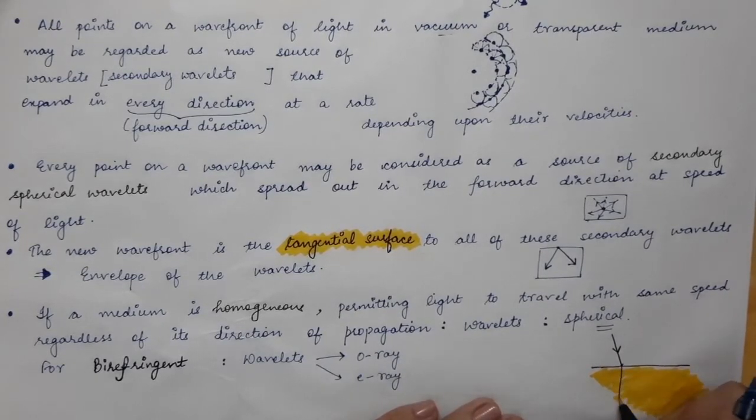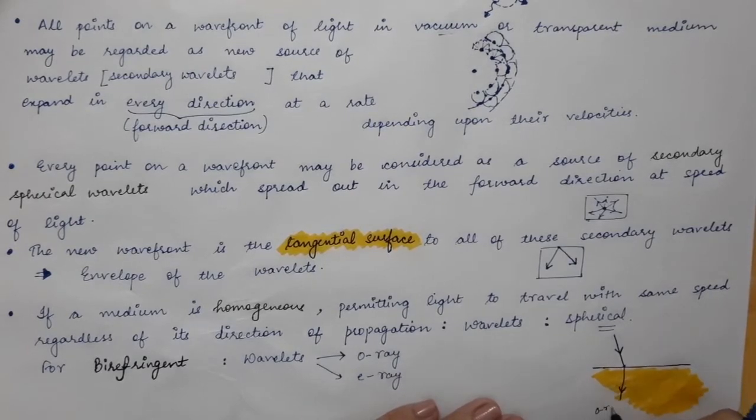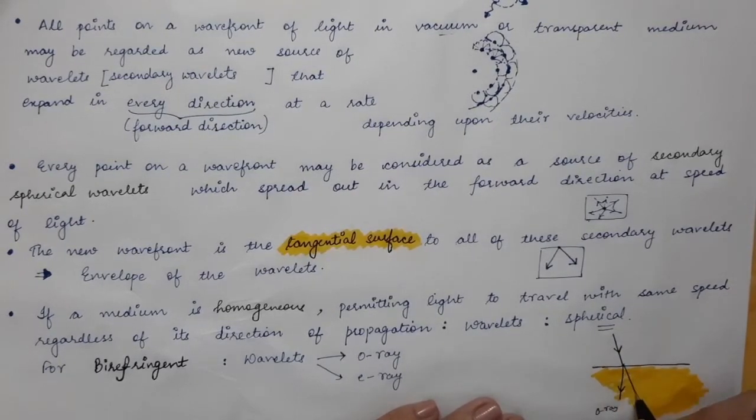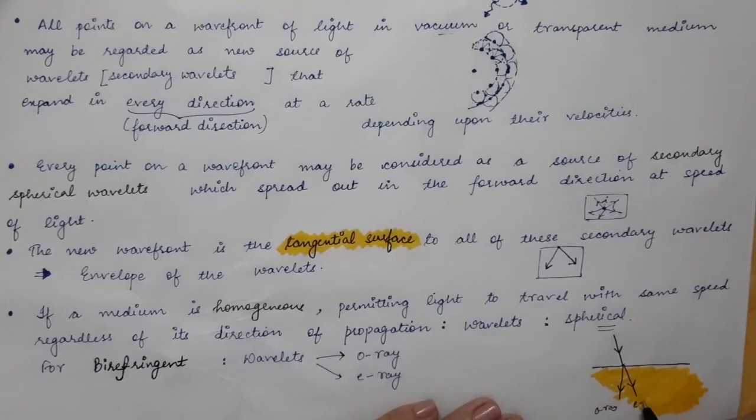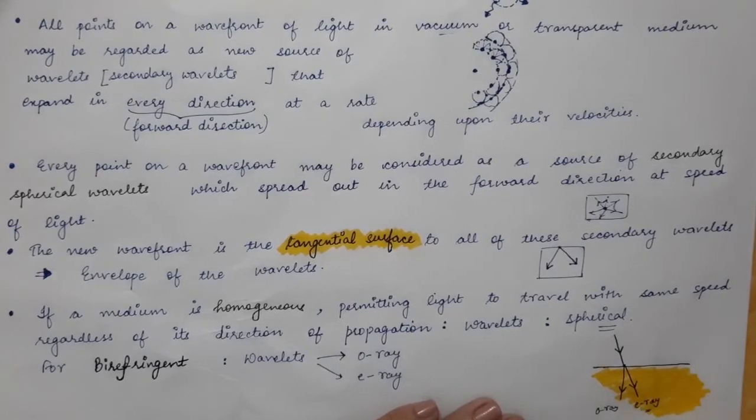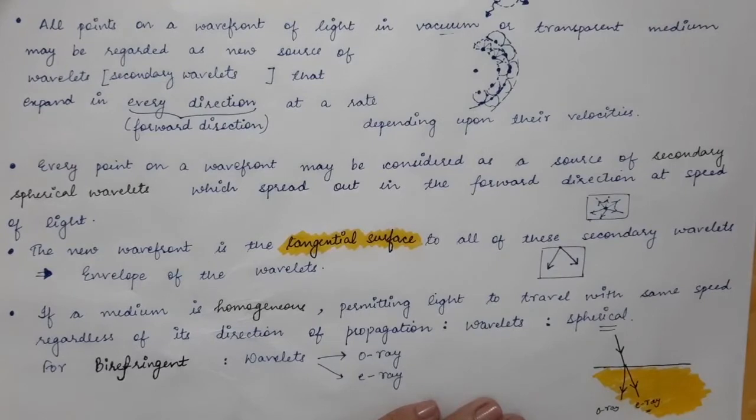So let's say this is the O ray and the other ray is the E ray. This we have already seen in the lecture on double refraction.